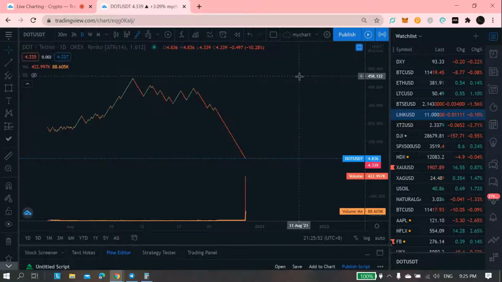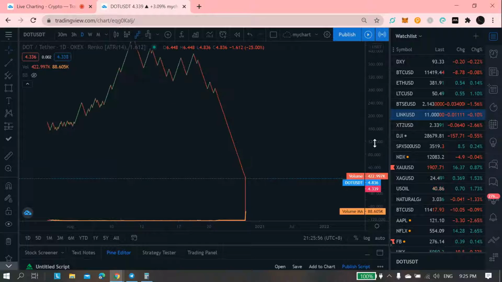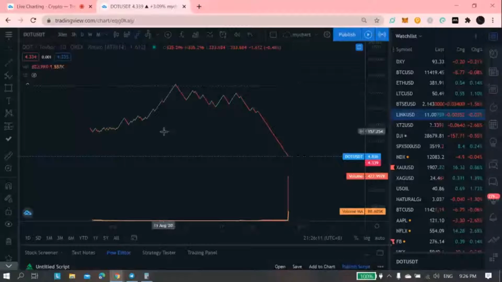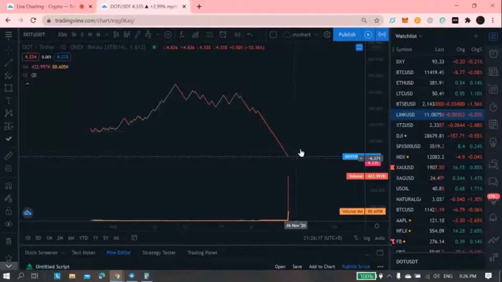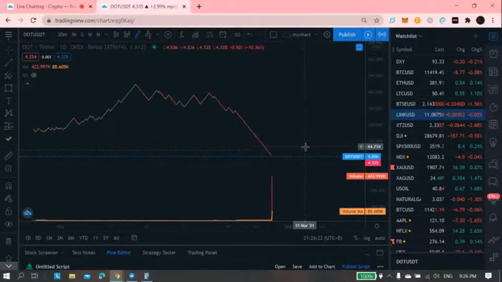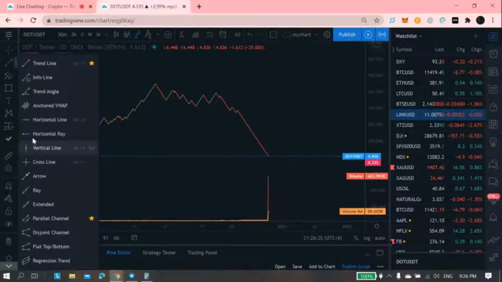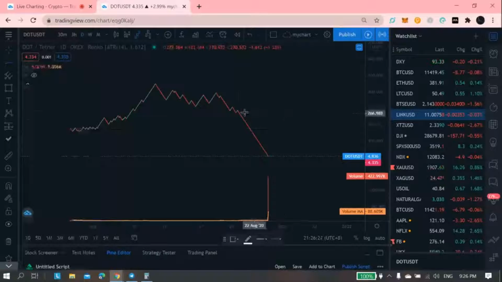It's now currently trading on the Renko charts. So for now, I think it's a no trade zone for me. I'll just wait for it to reverse. So this is the resistance, of course, we're looking at.